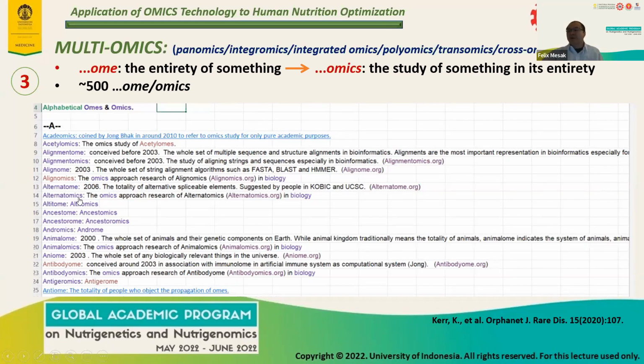And some oms or omics are quite strange, definitely. So anyway, I'm not going to go into the list, but people discover, and then you can even discover new omics as long as you are studying something in totality, in overall or its entirety.